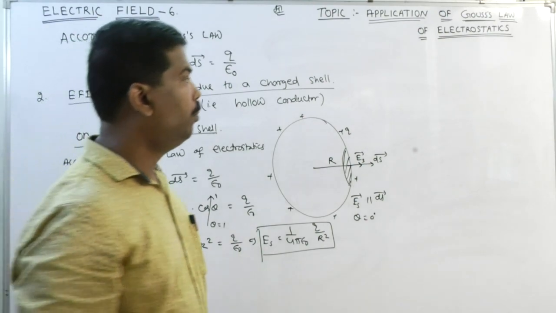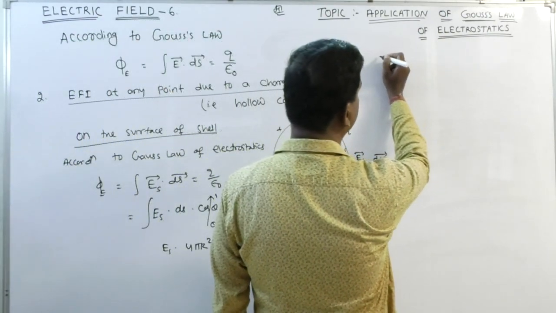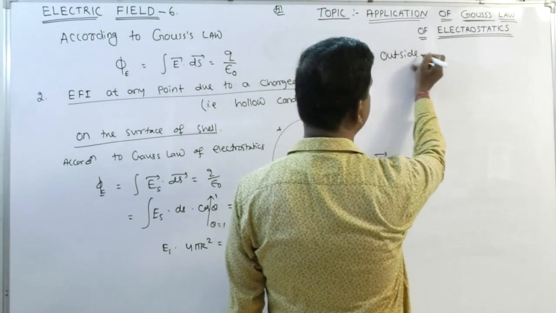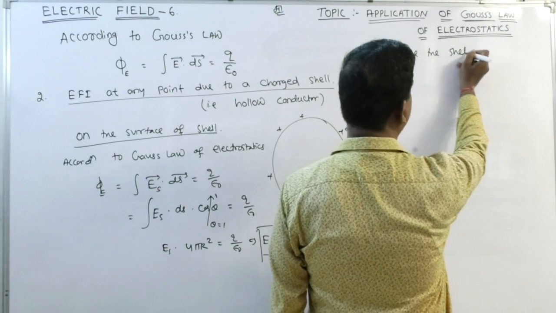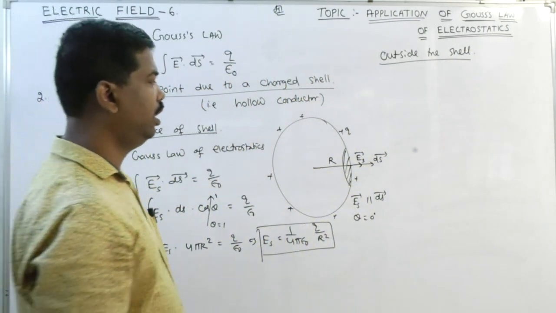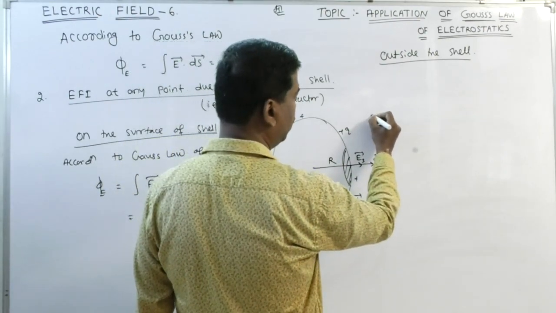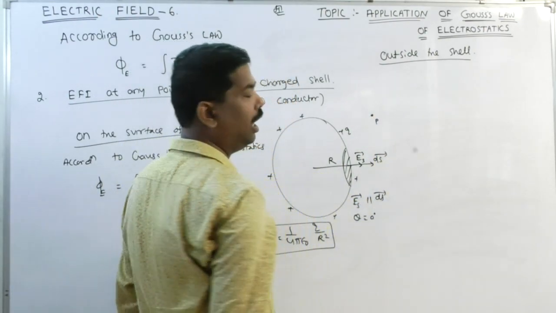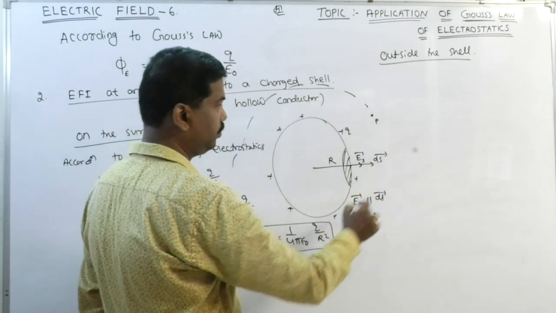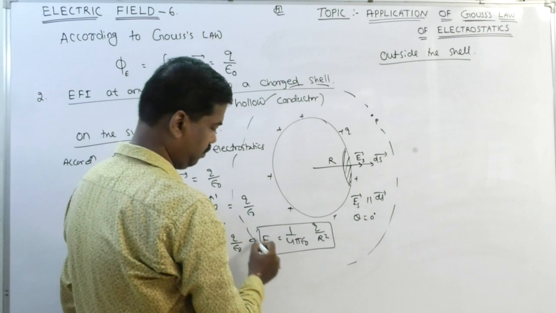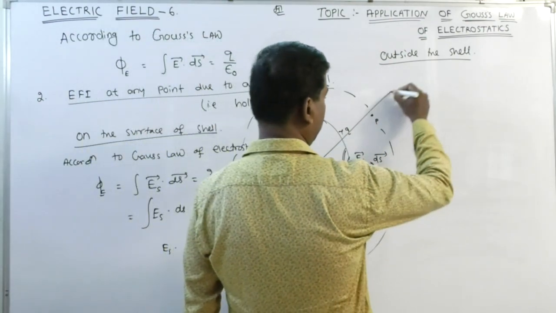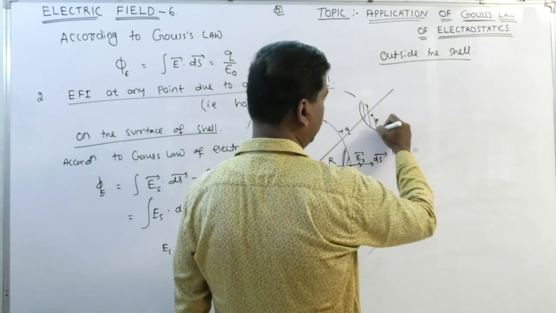Okay? But outside the spherical cell, let us imagine I have assumed a point P outside it. It means the Gaussian surface will be drawn around the cell.